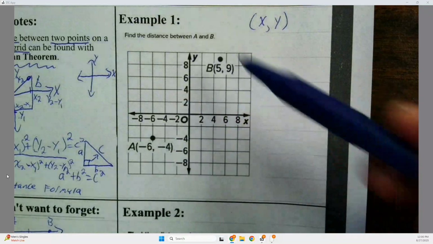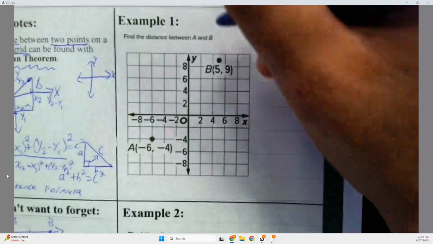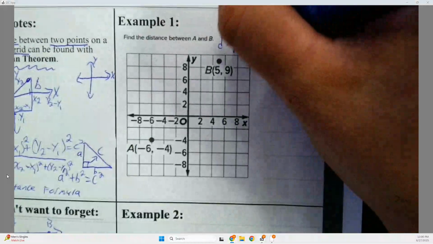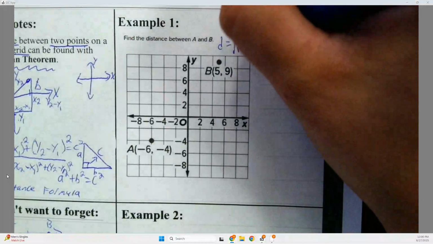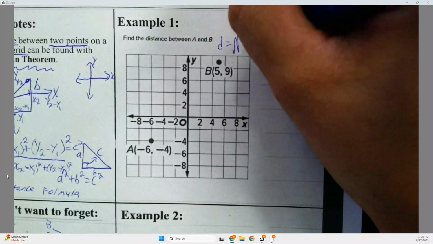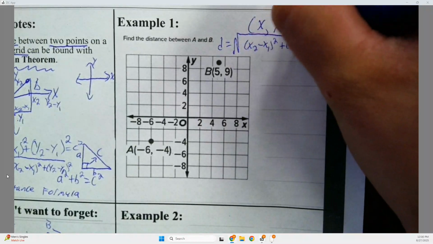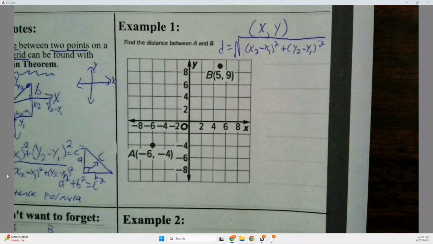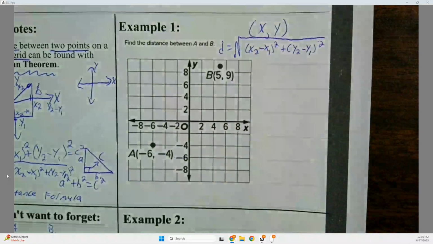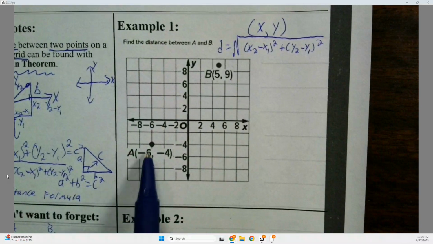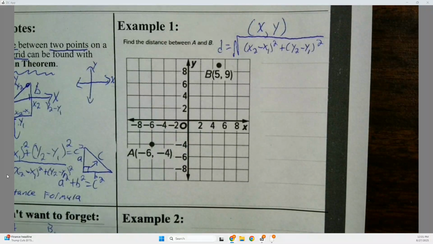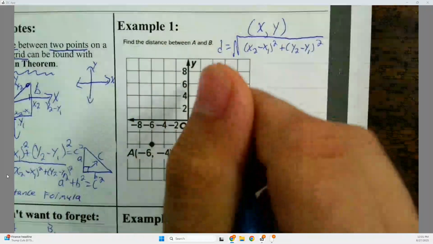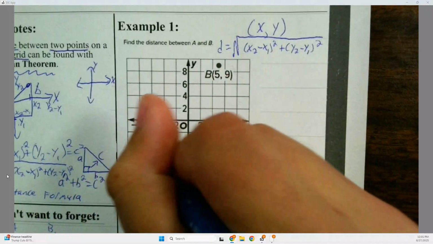So now I need to find the distance. I'm going to say the distance D is the square root of x2 minus x1 squared plus y2 minus y1 squared. So now we need to make a choice. I always like to start with my smallest. That's going to be my x1, y1. So negative 6 is smaller. I'm going to go x1.